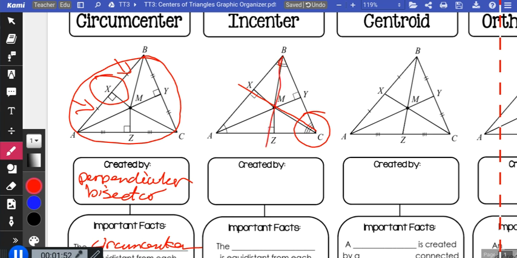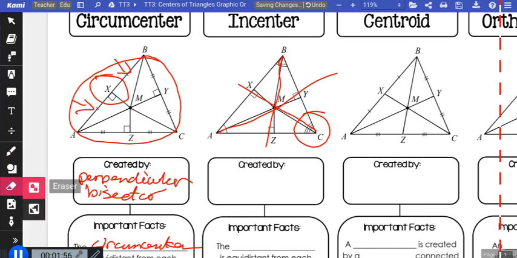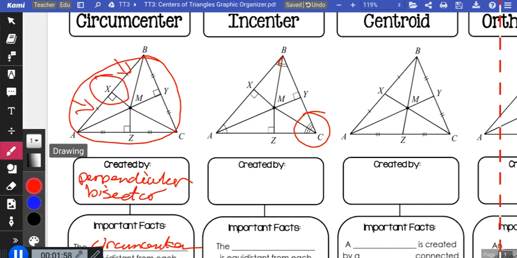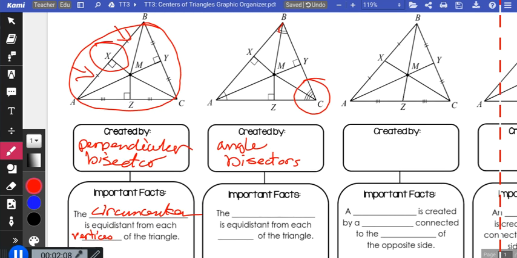Those other lines are separate. So incenter is created by the angle bisectors. The incenter is equidistant from each of the sides of the triangle.